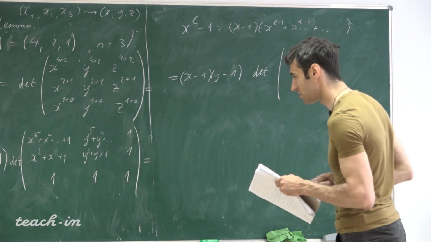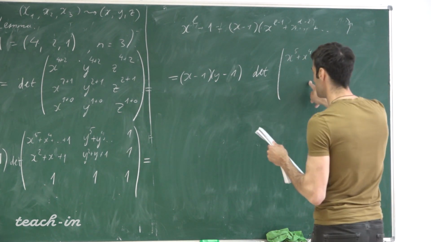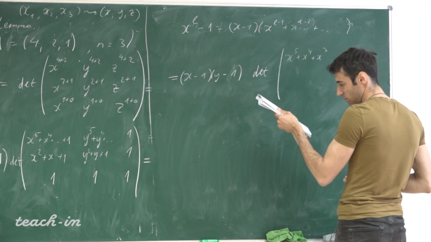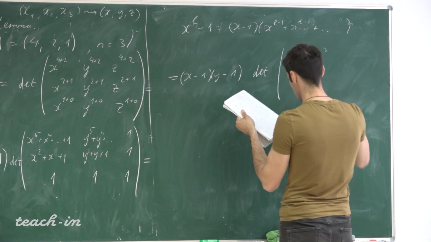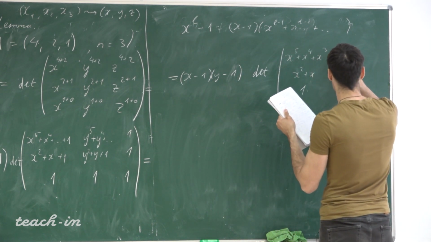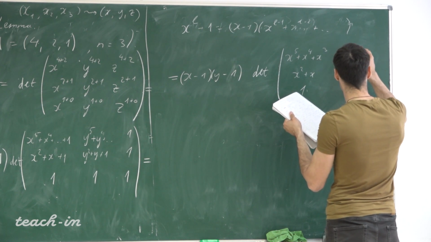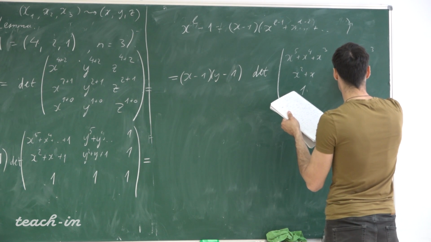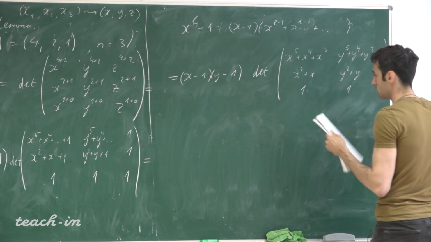Determinant of this, x squared plus x, 1, and then y to the power 5, 4, 3, squared plus y, 1, 1, 0, 0.